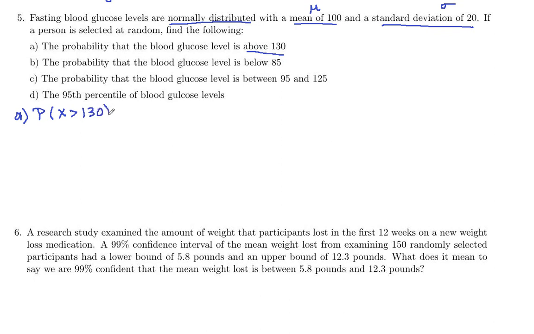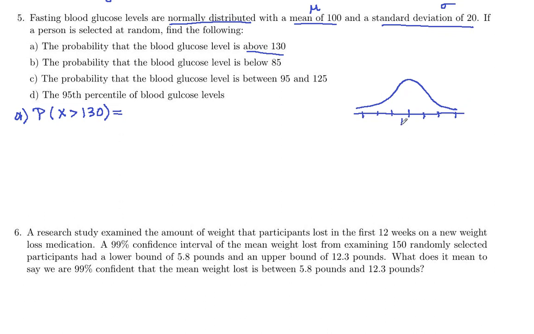So the difference here between this problem and the last problem is, last one we were dealing with z-scores. Mean was 0, standard deviation was 1. Here our mean's 100, standard deviation 20. So if we sketch a picture on this, you're going to have your mean in the middle, 1, 2, 3 standard deviations right, 1, 2, 3 to the left.